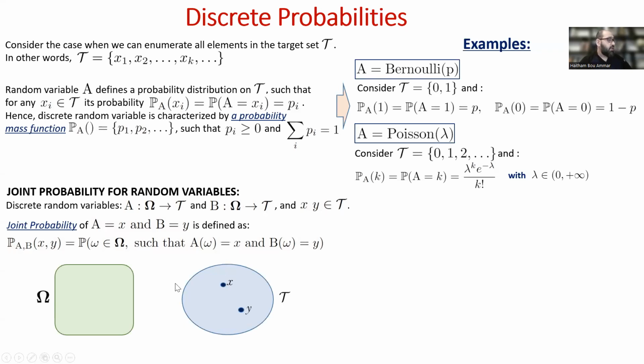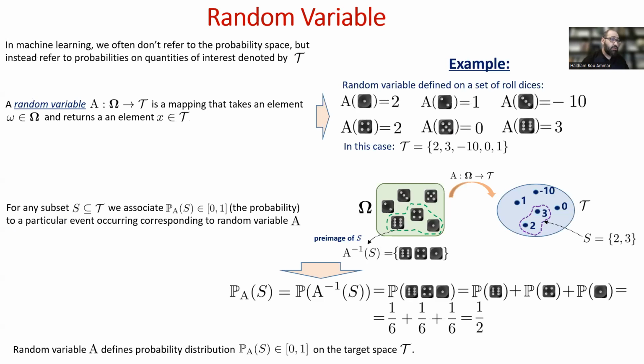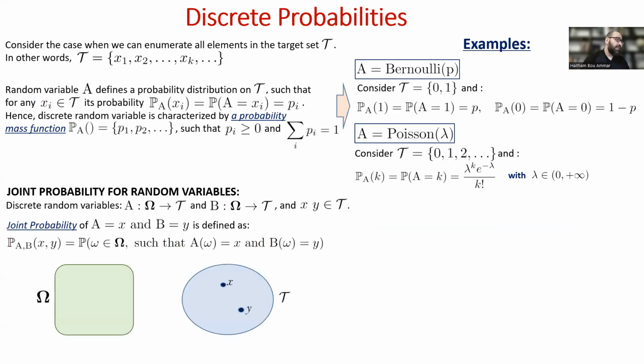So, in other words, imagine we have our omega here, and we have the set T, and we have those two x and y we are interested in. Notice for this x, its pre-image is A inverse of x. We discussed what the pre-image is, right? It's those things inside omega that lead to the value in T we are interested in.